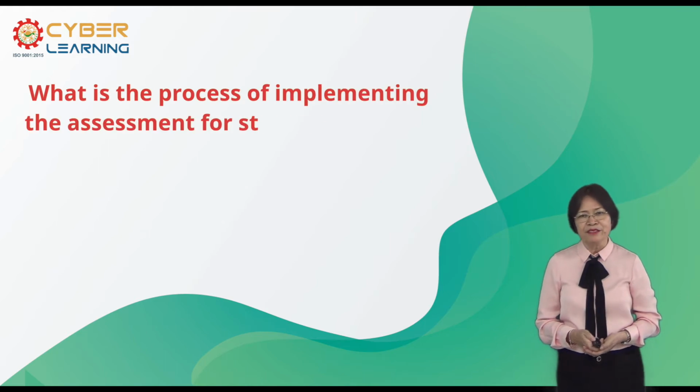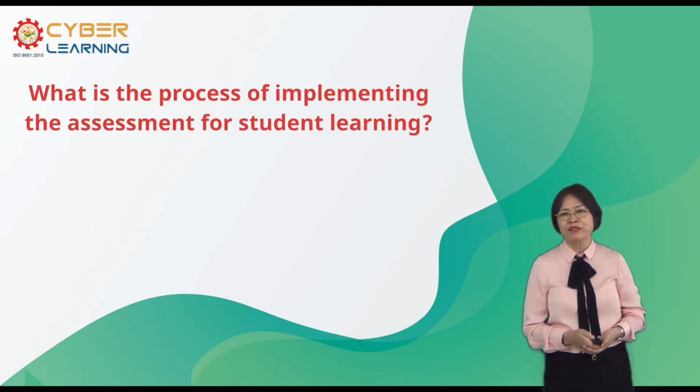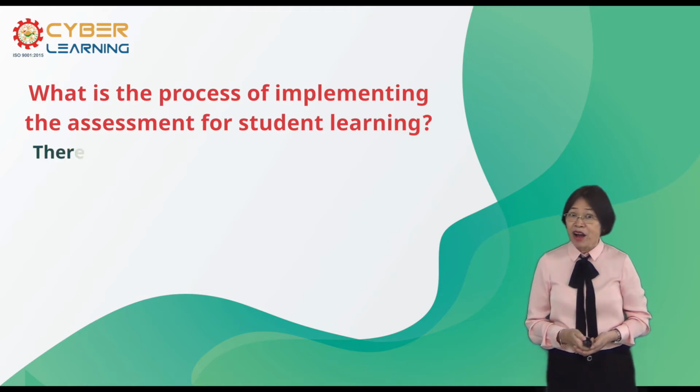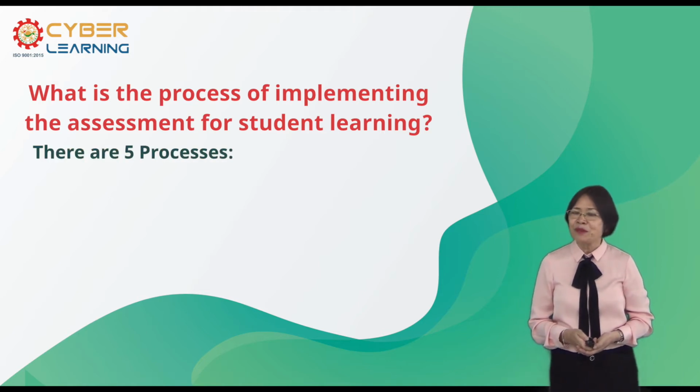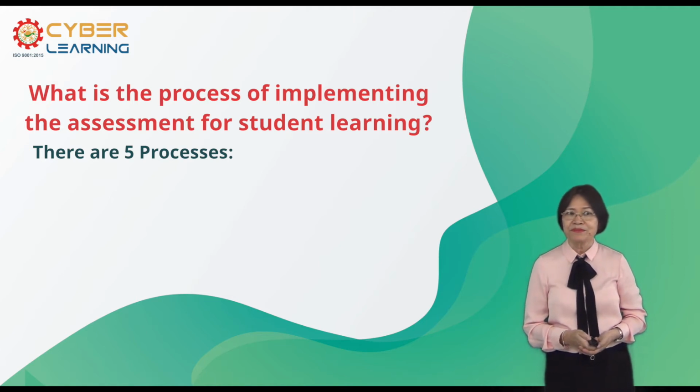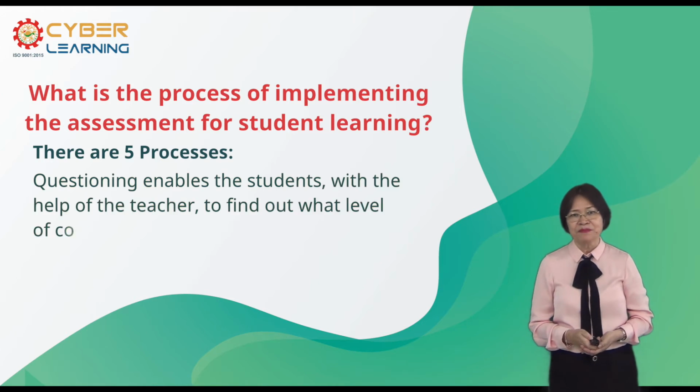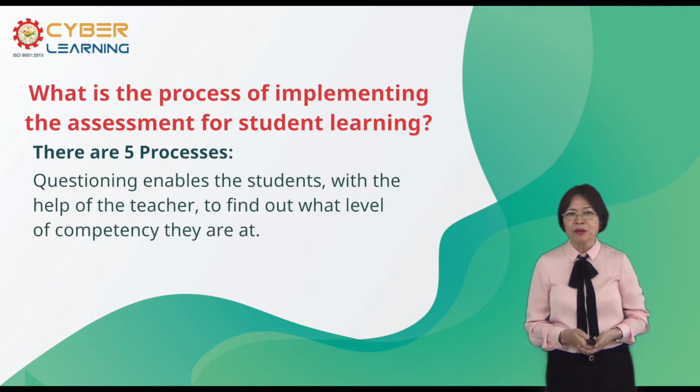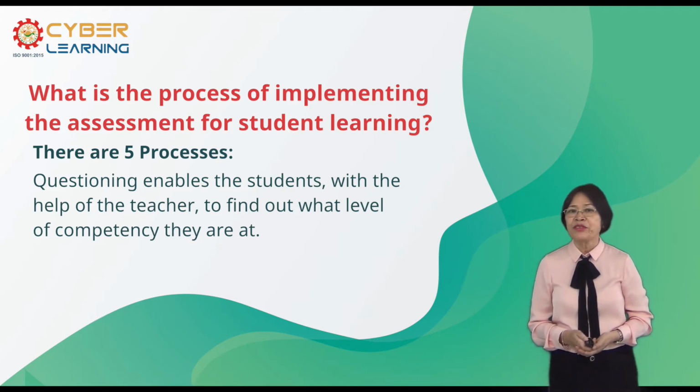What is the process of implementing the assessment for student learning? There are 5 processes of implementing the assessment for student learning. First, questioning. Questioning enables the students, with the help of the teacher, to find out what level of competence they are at.